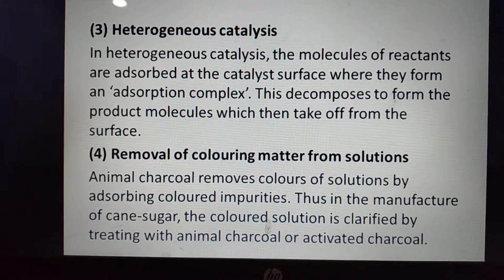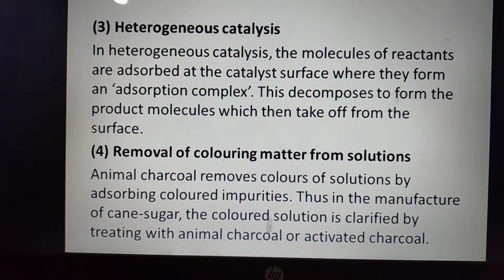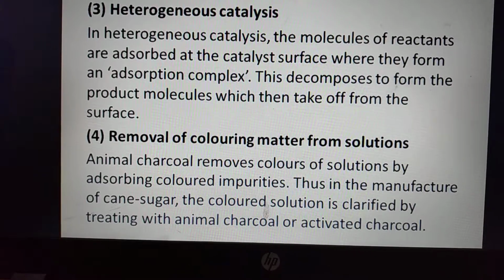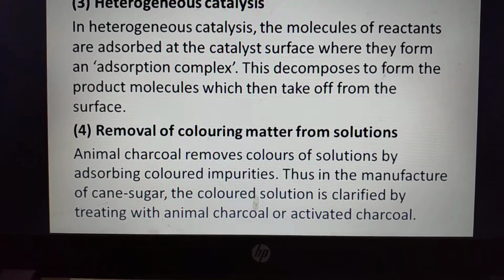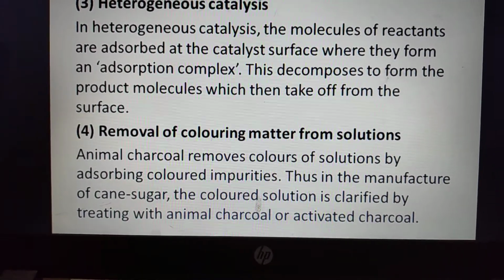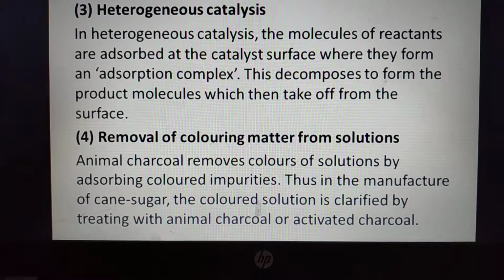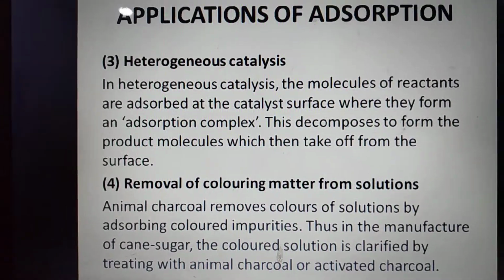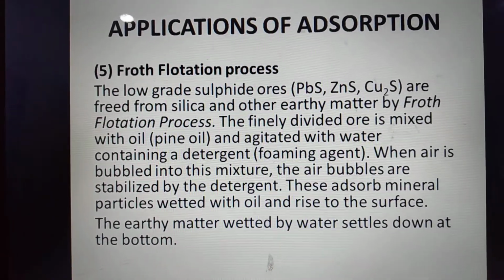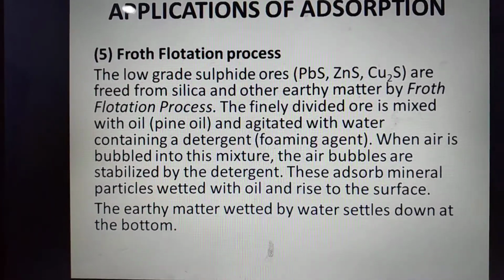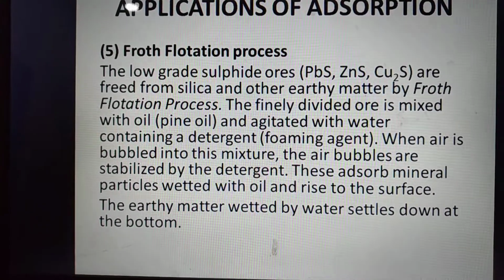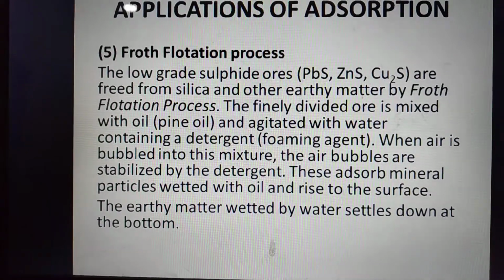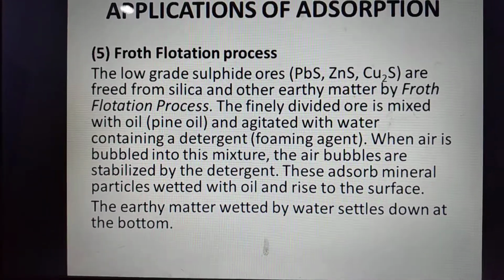In the removal of coloring matter from a solution, animal charcoal removes color by adsorbing colored impurities. Thus, in the manufacture of cane sugar, the colored solution is clarified by treating it with animal charcoal or activated charcoal, used as an adsorbent in the sugar industry. In the froth flotation process, low-grade sulfide ores such as galena, PbS, zinc blende, ZnS, and cupric sulfides are freed from silica and other earthy matter.